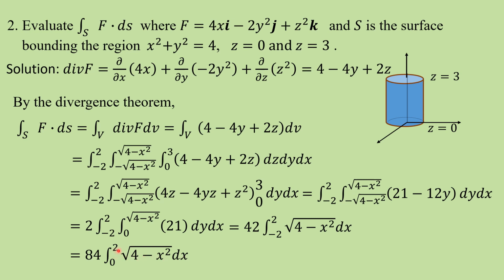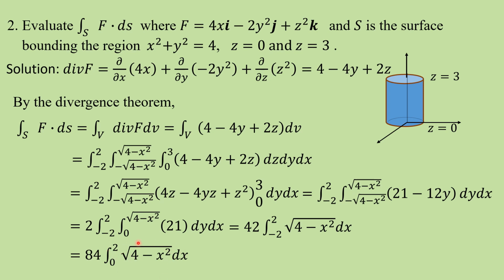So now the limits. We have taken x as 2 sin t. Thereby when x equal to 0, sin t is 0, t is 0. When x equal to 2, that is 2 equal to 2 sin t, sin t is 1, t is pi by 2.